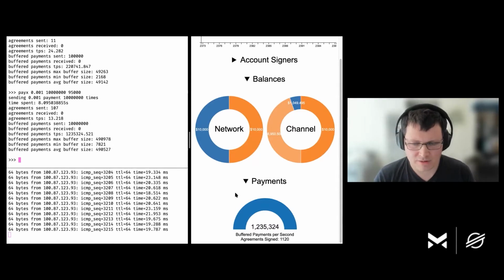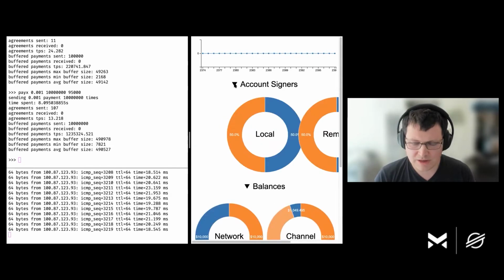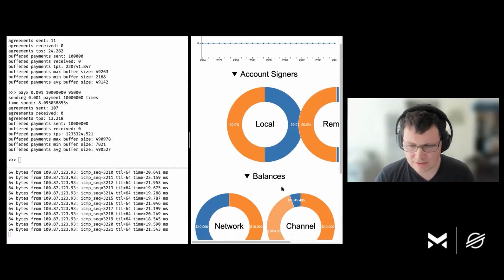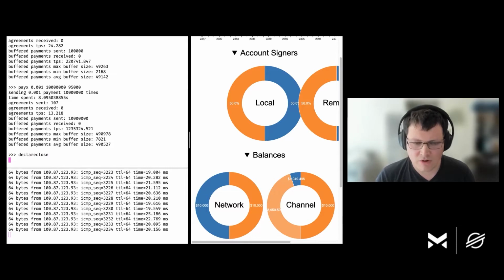Okay, so I'm going to run the close channel command. Also going to expand these account signers so we can see the state of our account. I'm running the command. So on the right, we can see the balance of the two Stellar accounts.